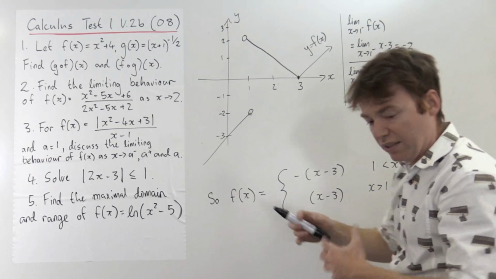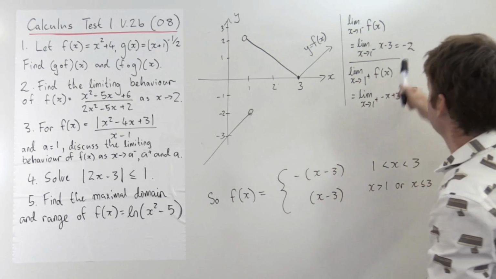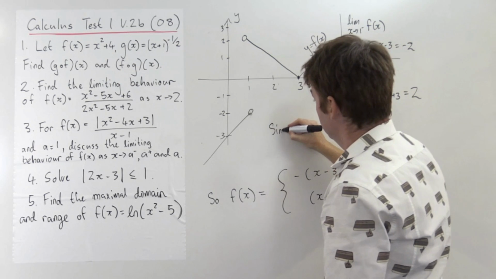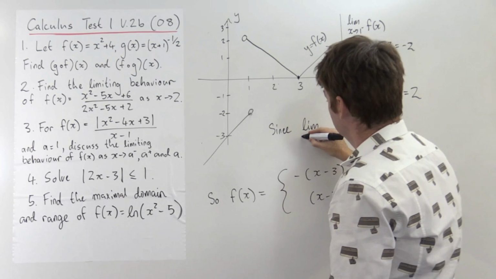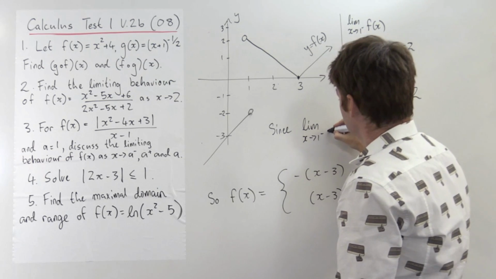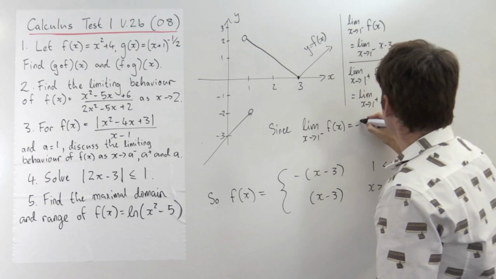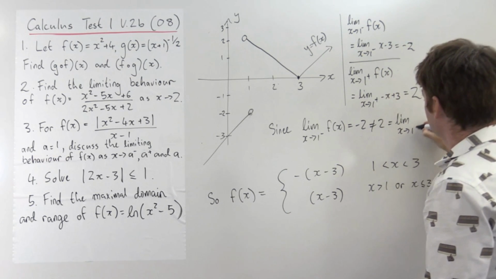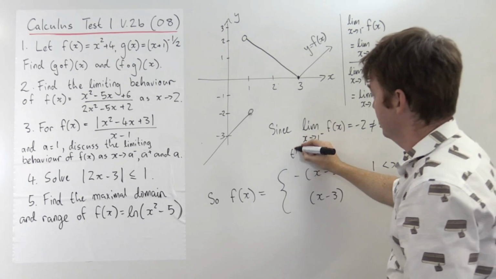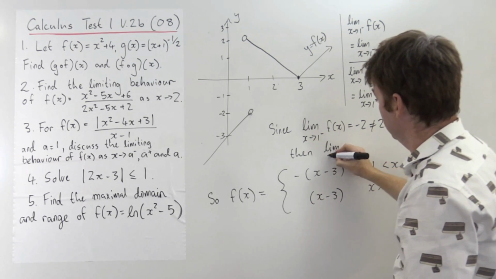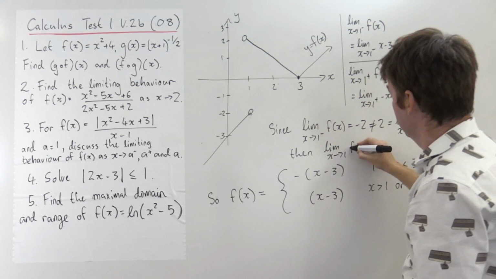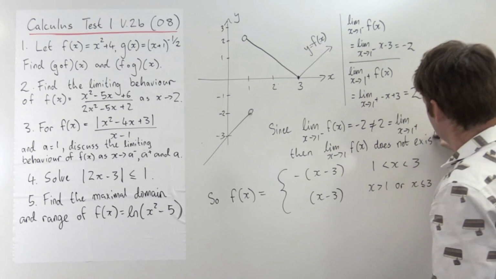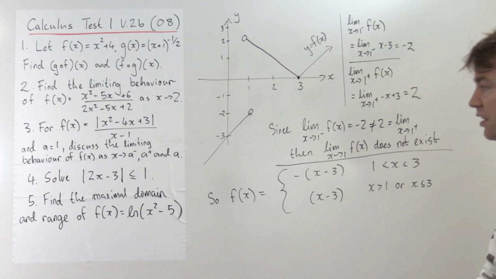In order to have the limit at a point, the left-hand limit must equal the right-hand limit, but I've got a left-hand limit of negative 2 and a right-hand limit of positive 2, and negative 2 is not the same as 2, so at 1, the limit doesn't exist.